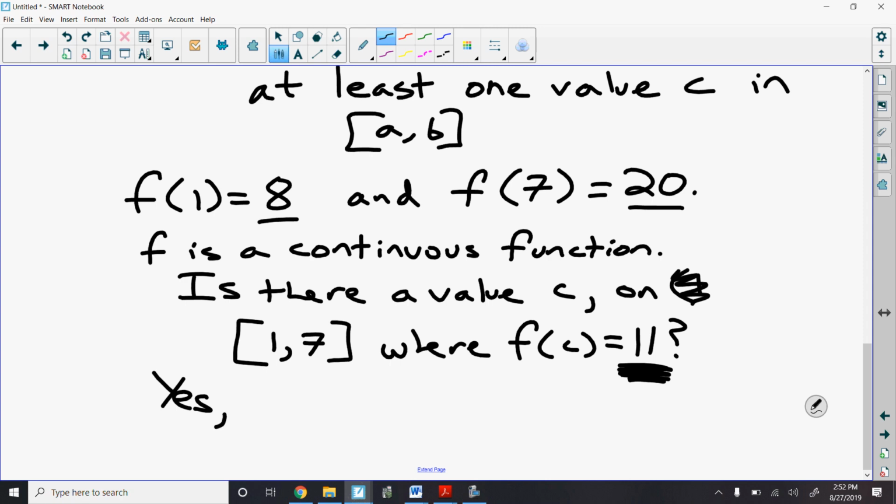But when we justify things, we need to be careful with our justifications. Here's what I'm looking for.